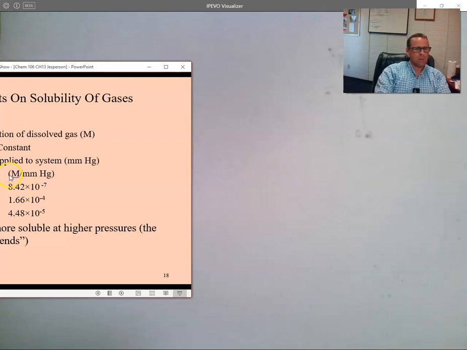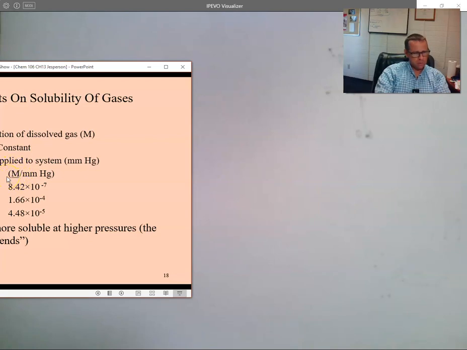All right, Sarah, what are these units here? Can you tell me what those are at all? M is molarity. Molarity, good. And that is millimeters of mercury. What kind of unit is molarity, first of all?